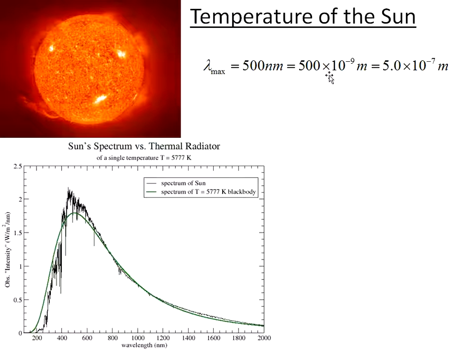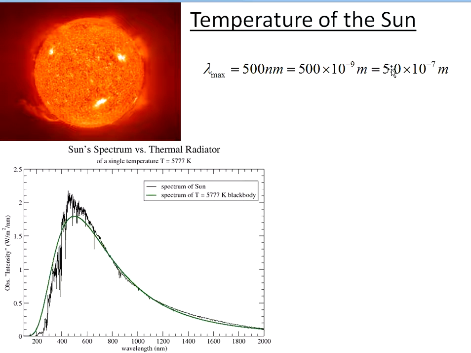That's 500 times 10 to the minus 9 meters. That's what a nanometer means. And then what we can do is clean this up and put it into what's called proper scientific notation. So we want to take this number 500 and make it between 1 and 10. So we drop it down to 5, and make it 5.0. And since we made this part of the number smaller by 2 powers of 10, we make the exponent part larger by 2 powers of 10.